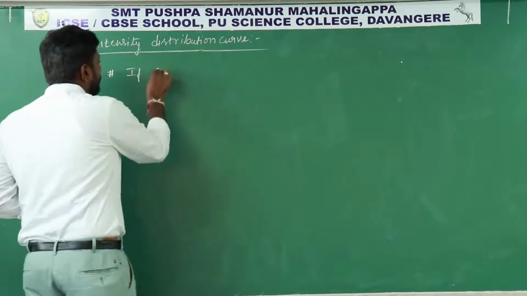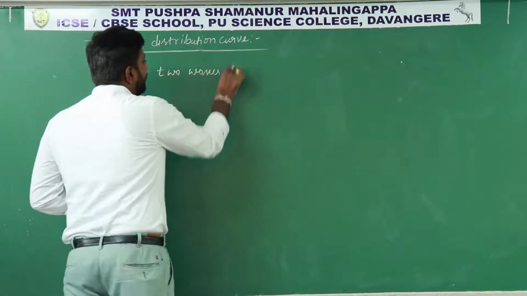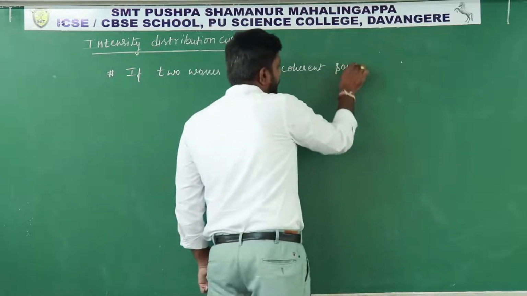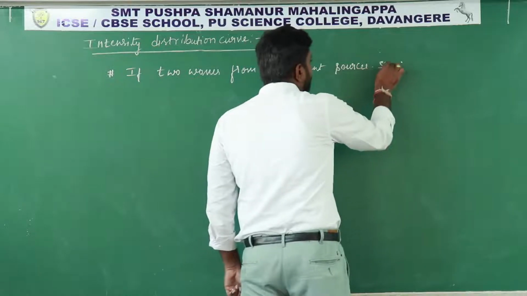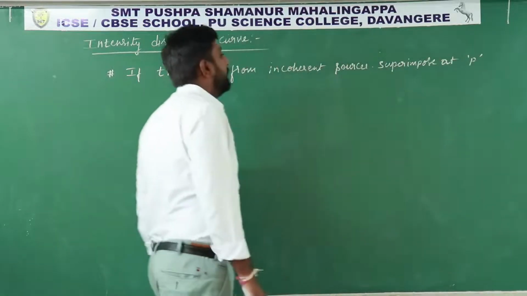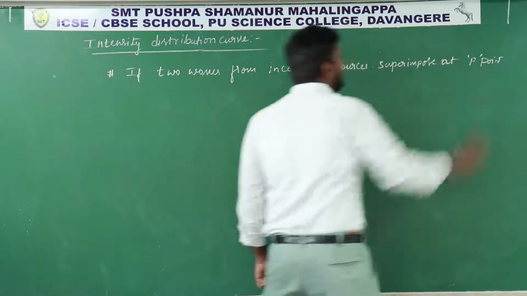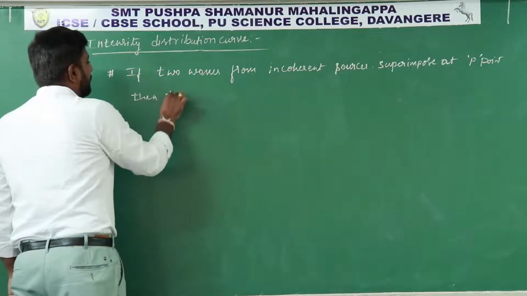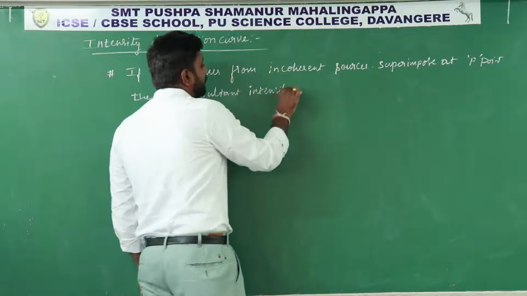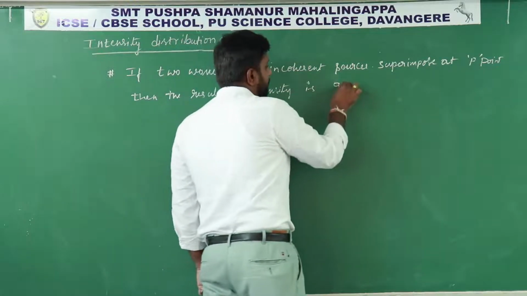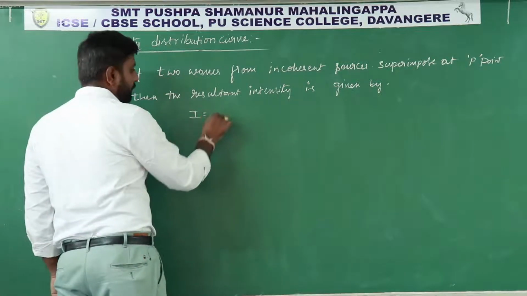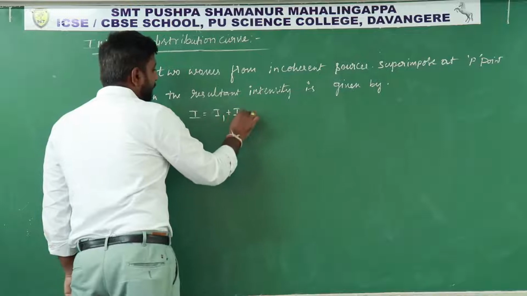That is, if two waves from incoherent sources superimpose at point P, then the resultant intensity is given by: this is the resultant intensity I, equal to the intensity of the first wave plus the intensity of the second wave.